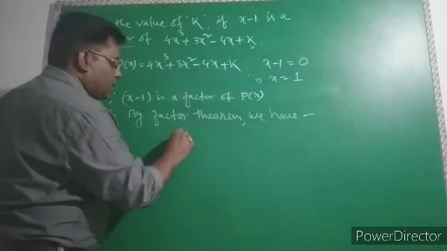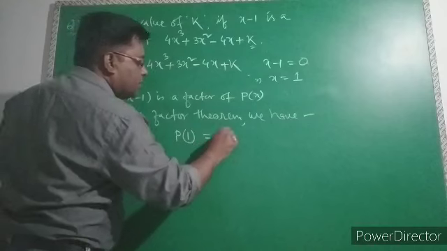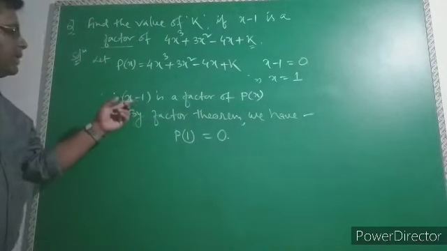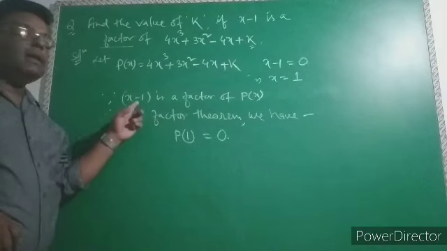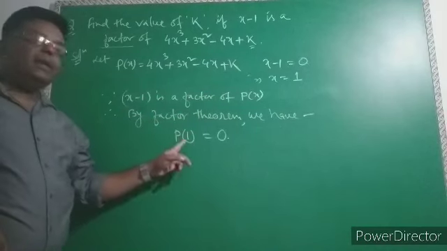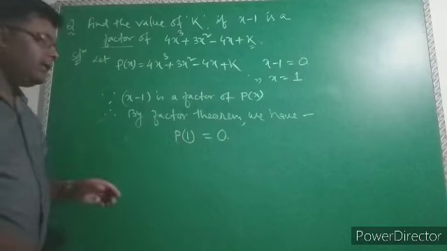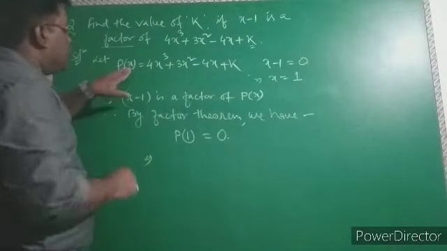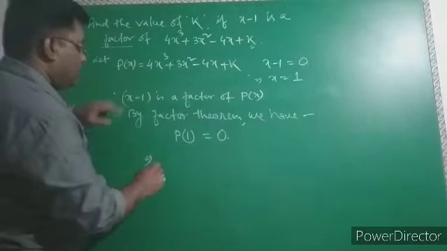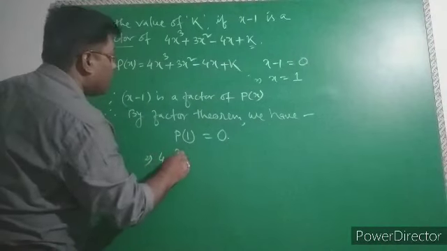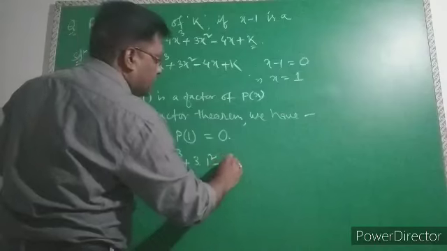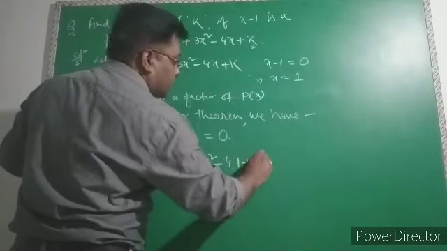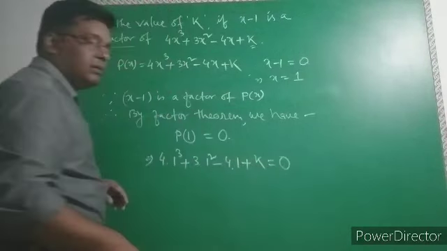That is, p(1) is equal to 0. By the factor theorem, if x minus a, here a is equal to 1, is a factor of p(x), then p(a) equals 0. So p(1) equal to 0 here. So p(1) means 4 into 1 cube plus 3 into 1 square minus 4 into 1 plus k is equal to 0.